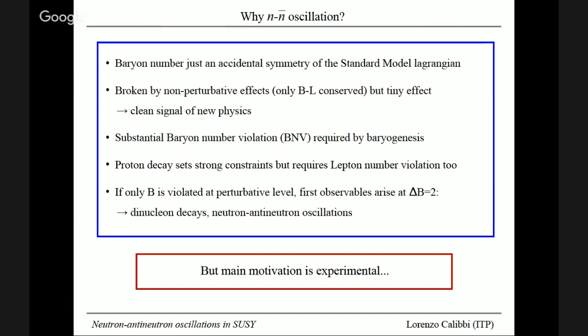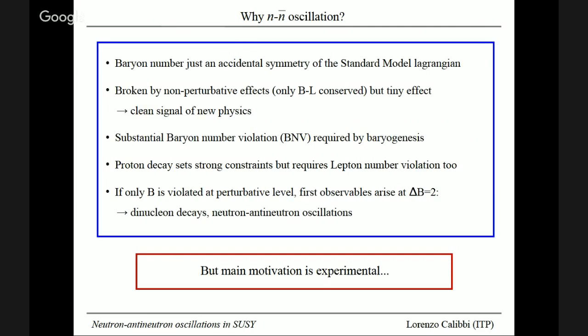But this gives very tiny possible visible effects. So in a sense, if we observe any process violating the baryon number, it's a clean signal of new physics. So this is the first reason why we might be interested in looking at processes of neutron to antineutron oscillations.